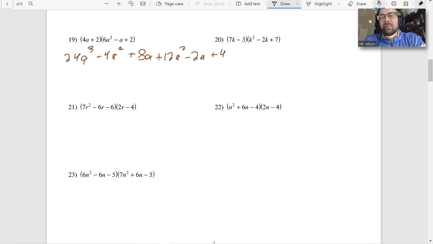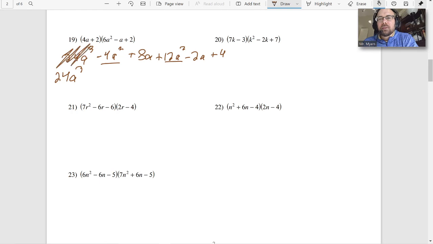If not, the better way ultimately is to just think about it in terms of distributing the 4a into everything in the right hand side parentheses, and then distributing the 2 into everything, which is actually what I just did, with an illustration. So now I'm going to consolidate some like terms. 24a cubed. I've got 2a squared terms right here and right here. So you have to be careful with the like terms. The 2 middle terms is no longer as nice and neat anymore.